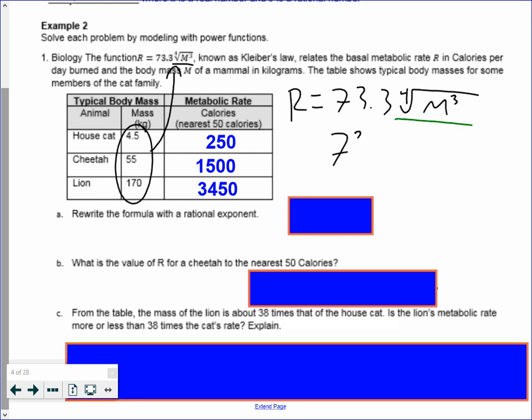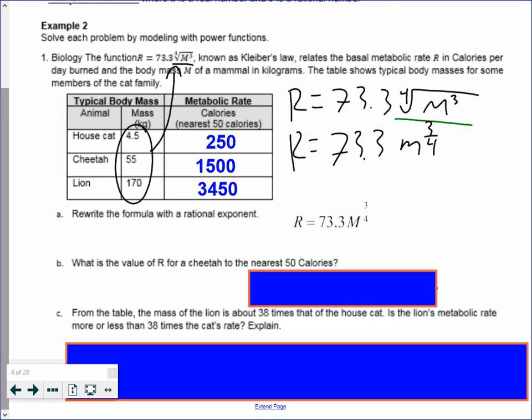And remember, it's going to be power over root. Written a little nicer, right there underneath the blank: R equals 73.3 m to the 3 over 4. That's what we get when we rewrite the formula with a rational exponent.